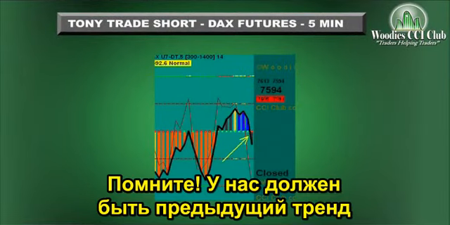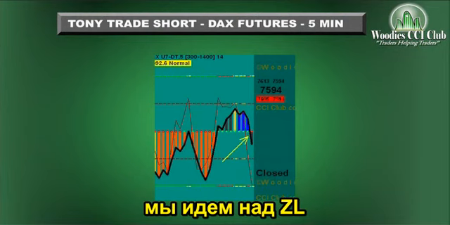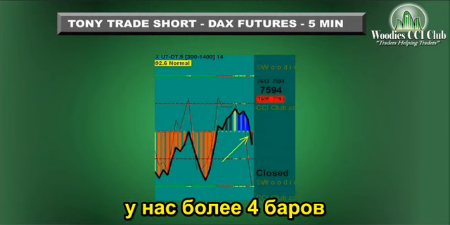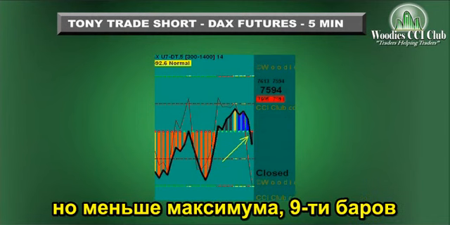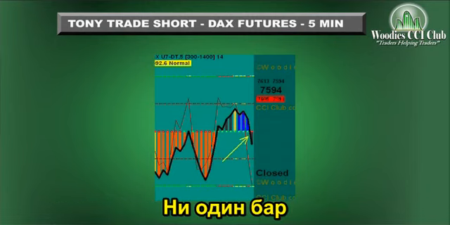Now remember, we must have had a prior trend, which we did. We had a prior trend to the downside. We went above the zero line. We had more than 4 bars, max of 9 bars, inside, and we come back down through the zero line.